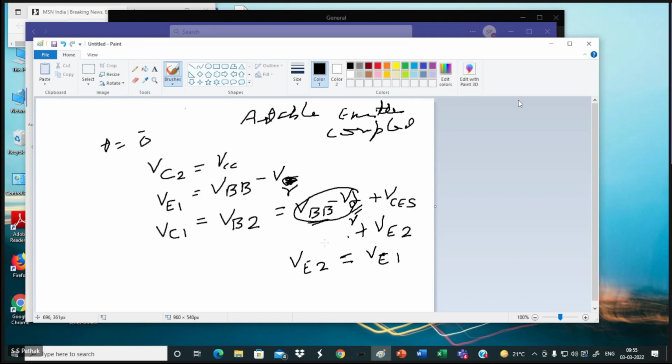Okay, fine. At t equal to T1, what happens? VBB minus V gamma, VCES minus V sigma.